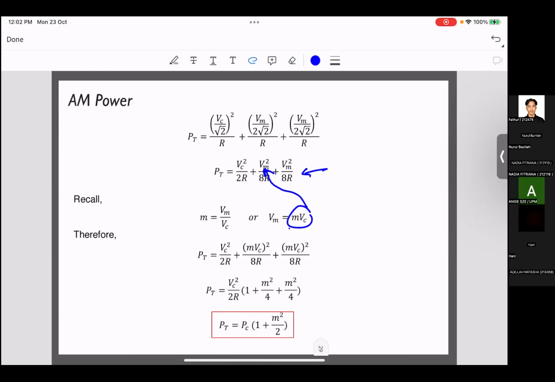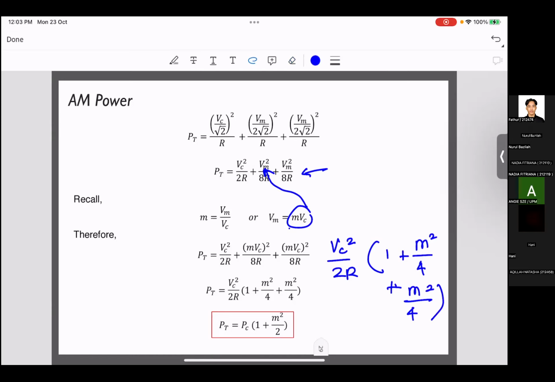Okay, so for anyone interested, let's just factor out Vc squared over 2R first, and we will get 1. Factoring out Vc squared and factoring out 2, so I will get 4R over here, and I would get m squared over here. And then I would get the same case over here, m squared over 4. Oh, I already factored out R, so I would only get that.